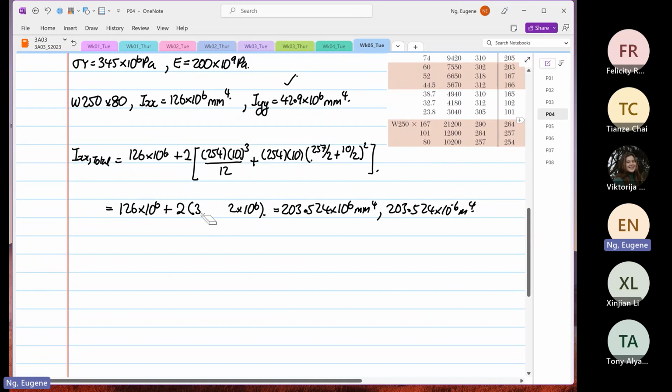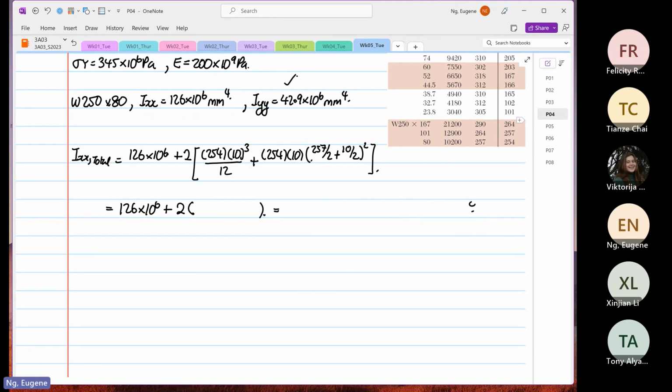So I'll do it again. It's not minus. I thought it's inside, but it's not. I found that mistake. So 257 divided by 2 plus 10 divided by 2, squared, times 254 times 10 plus 254 times 10 to the power 3 divided by 12.